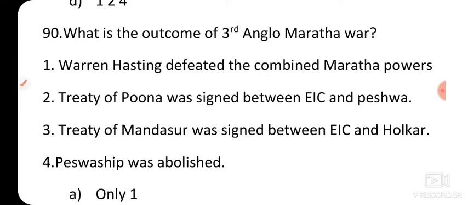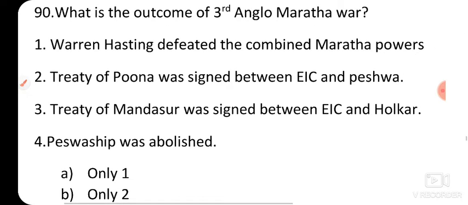Question number 90. What is the outcome of the Third Anglo-Maratha War? Statement 1, Warren Hastings defeated the combined Maratha powers. Statement 2, the Treaty of Pune was signed between East India Company and Peshwa. Statement 3, the Treaty of Mandsaur was signed between East India Company and Holkar.